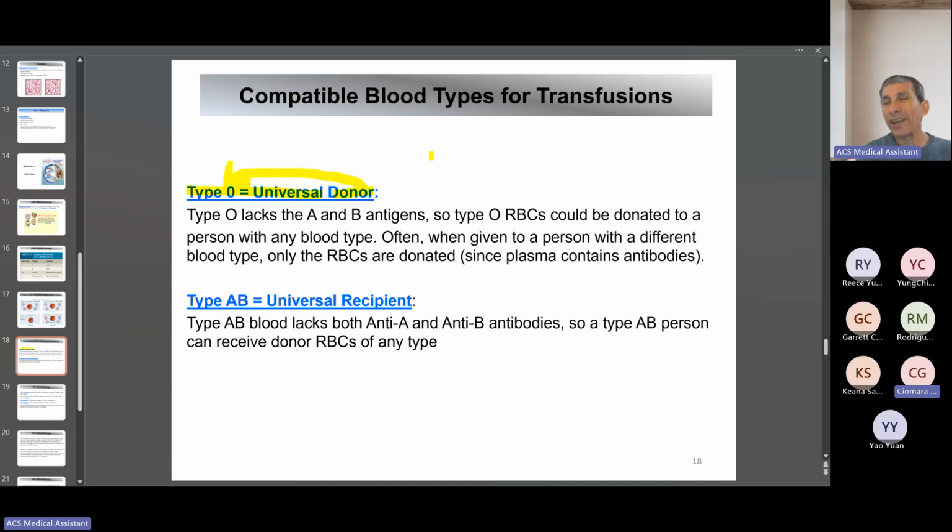Then we're going to talk about what is negative, what is positive. For now, it's just O. Later on, we're going to talk about why is O negative, what is O positive, what is AB positive, A positive, A negative, B positive, B negative. First, we're going to cover just the blood type. Then we're going to cover the other part.